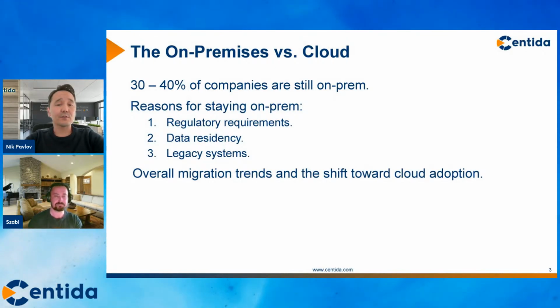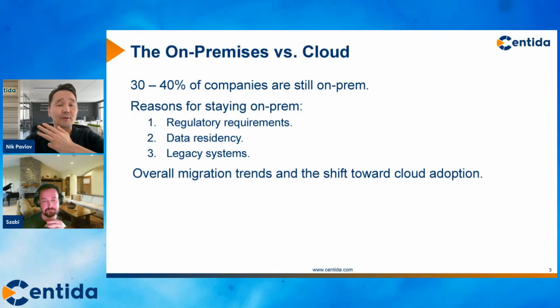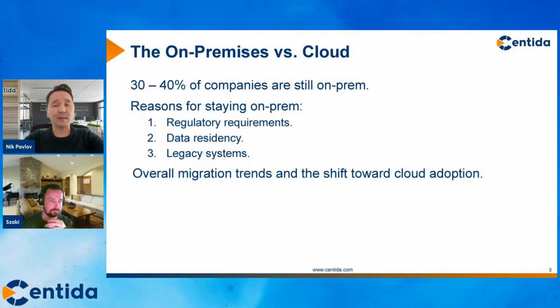These organizations have significant investments in legacy infrastructure and prefer on-prem for strict regulations, data residency laws, or simply because they like having full control of the data. The risks of cloud migration, such as potential data breaches or compliance issues in some countries, can seem overwhelming when you're dealing with systems that have been fine-tuned over the years or sometimes even decades.